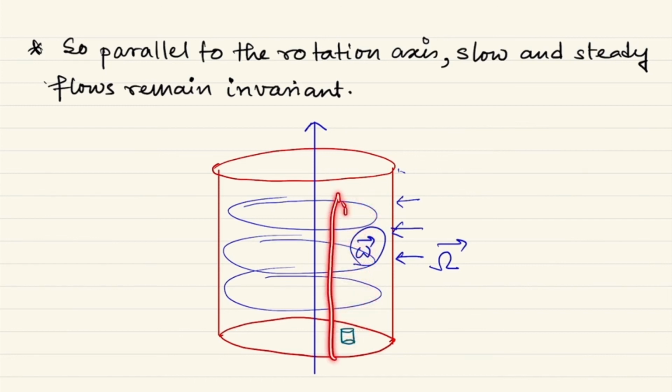So finally there will be a column, containing much higher layers, which is rotating as if the obstacle is actually expanded up to this height. So this is the Taylor-Proudman theorem.